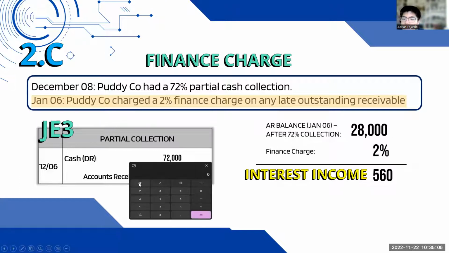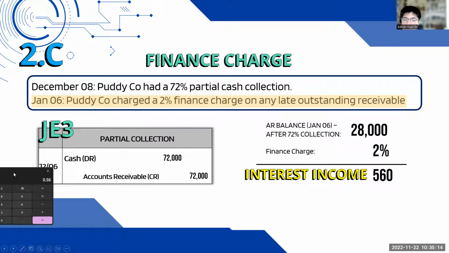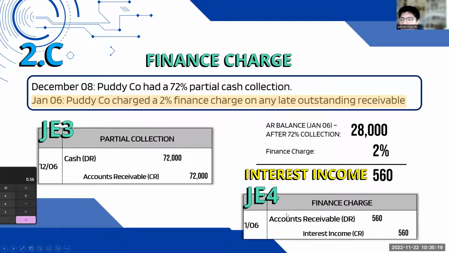Why? Kasi, again, to summarize, it's 28,000 times 0.02. So 560. And therefore, our last journal entry would be debit AR of 560, credit interest income of 560.